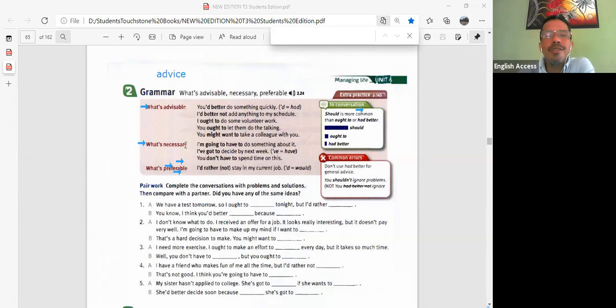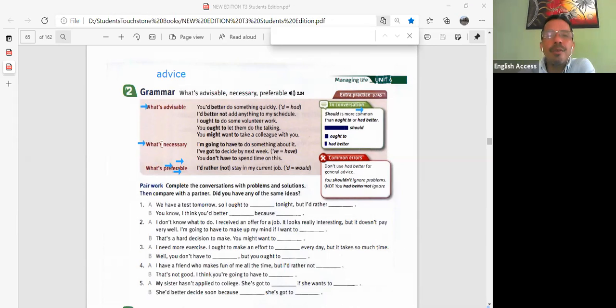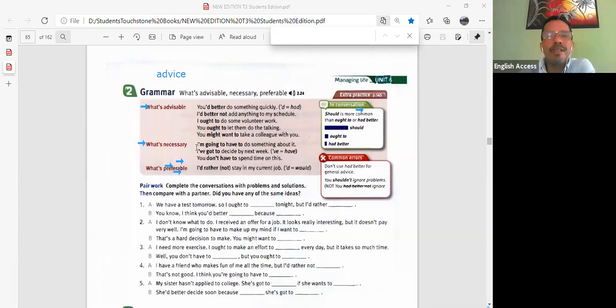Do you understand the term what's necessary? Yes or no? Necessary is very similar to Spanish. What's necessary? I'm going to have to do something about it.